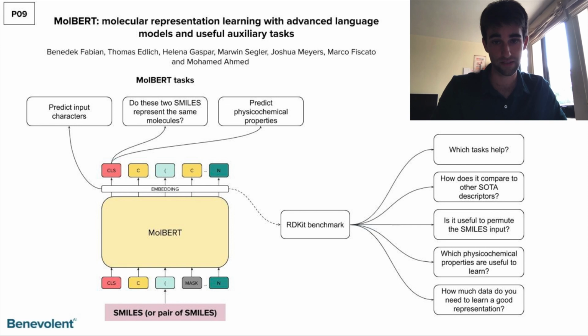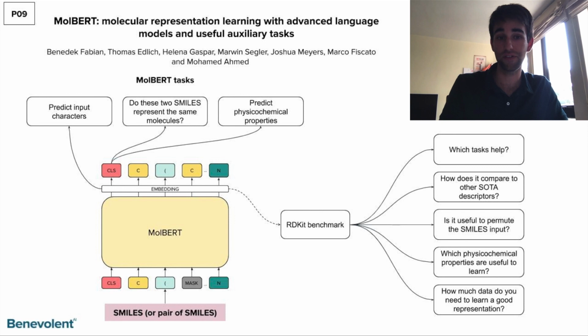Instead of these tasks, we train the model to predict physicochemical properties, and inspired by the next sentence prediction task, we predict whether a pair of input SMILES represent the same molecule or not. After training, we use these models to represent these molecules, and we test this representation by the industry standard benchmark, the RDKit benchmarking platform.